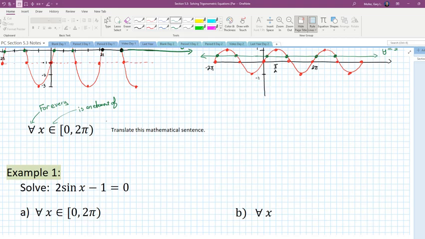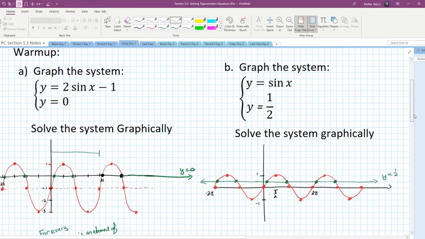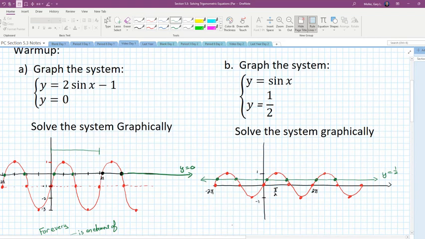All right, so example 1: solve the equation 2 sine of x minus 1 equals 0. And part A, I want you to find all the answers x between 0 and 2 pi. Notice it includes 0 but not 2 pi. So what is this equation? That is just what we did up here graphically. Graphically speaking, I said graph 2 sine x minus 1 and graph y equals 0.